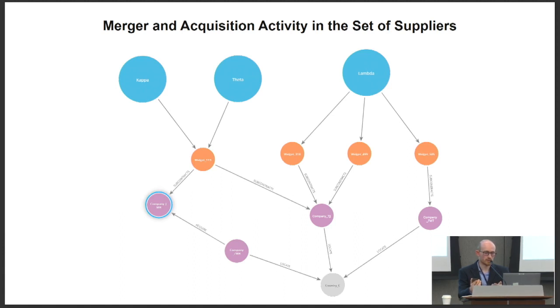We've also introduced a new type of node down at the bottom. In gray, that's a country, and the acquiring company has a location in this other country. So we've introduced a new edge and a new node, but this is quite simple. In the graph format, it's just another node, just another edge.